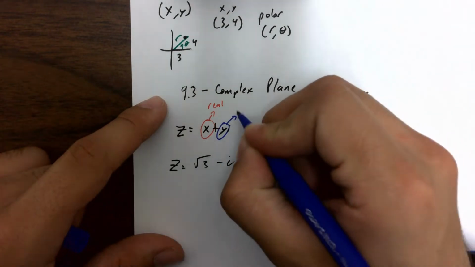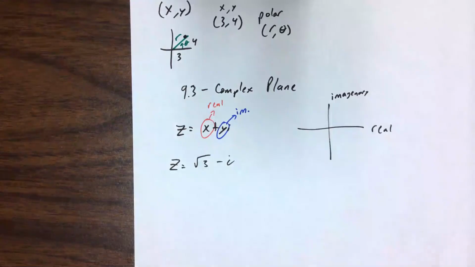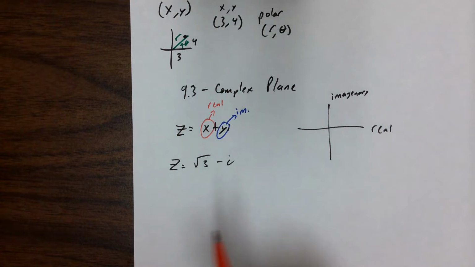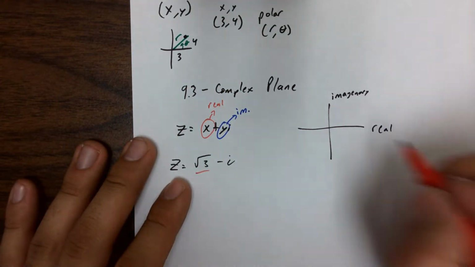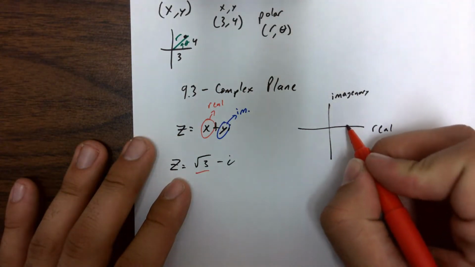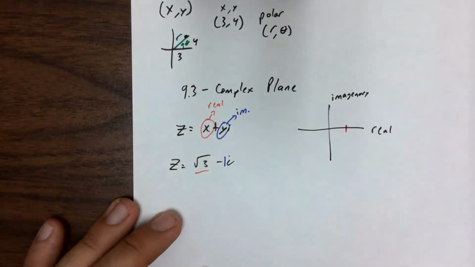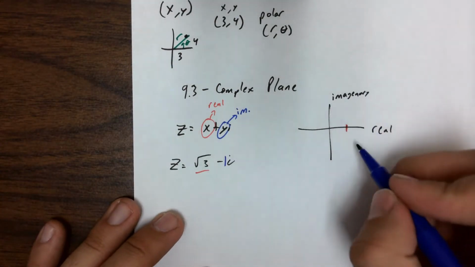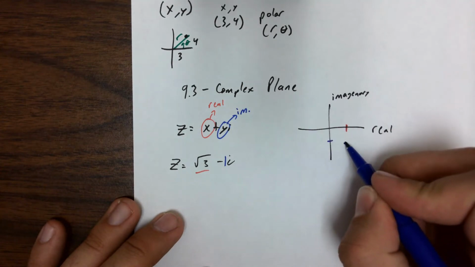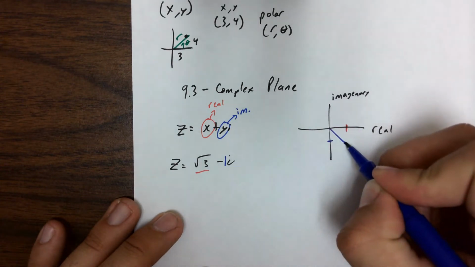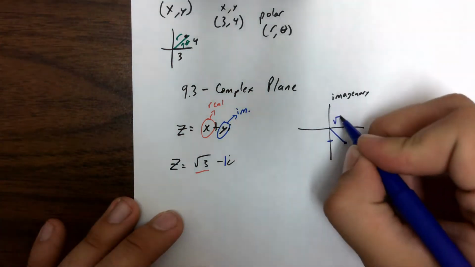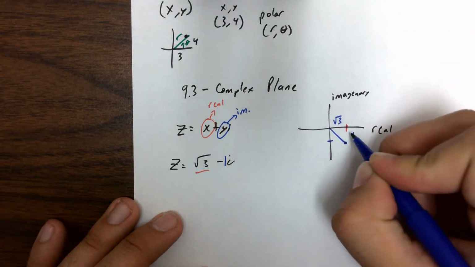So with this point, I go root 3 in the positive direction, that'd be somewhere over here. And then I'm going to go minus 1 in the imaginary direction, so it's going to end up going down somewhere. Give me a point here. Okay, so again, that is root 3 and minus 1.